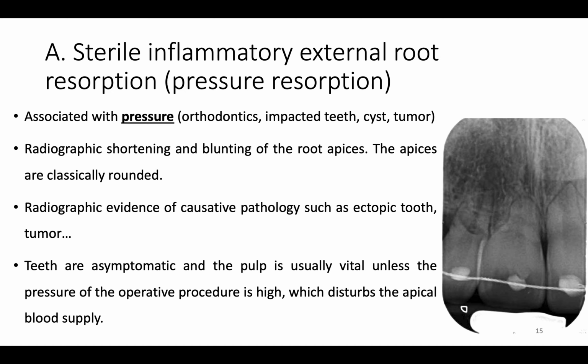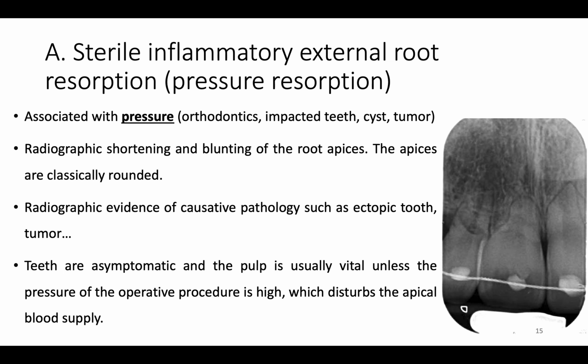However, if the pressure was severe enough to interrupt the blood supply from the apical foramen, then the pulp will become necrotic, but the necrosis will be sterile. Unless there is a crack or caries in the crown of the tooth, then bacteria can gain access to this sterile necrotic tissue, and then the pulp will become necrotic and infected, okay?